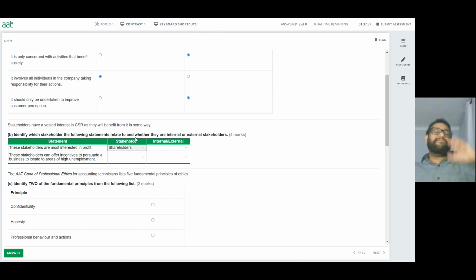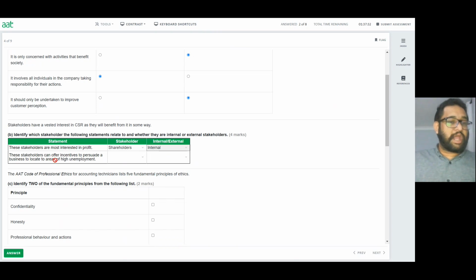A shareholder invests money in the business, so obviously, if the business makes a profit, they also benefit, because their investment is returning some of the money they have invested as profit. And are they internal or external? The shareholders are internal. They are us. They are the people who are directly involved in the business.